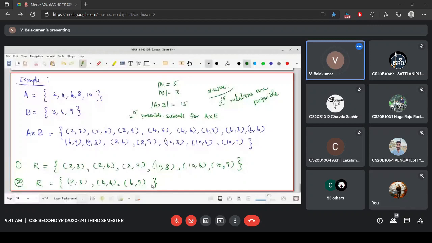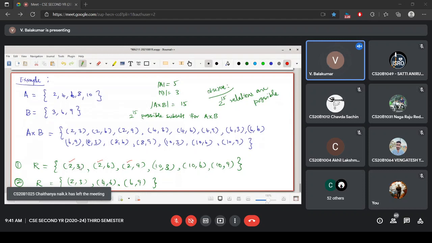You see, I said it is an association kind of thing. What you do with the relation is you are associating these elements to one of the elements in B. You are taking 4 and associating it to one of these elements in B. Look at this first example: 2 is related to 3, again 2 is related to 6, again 2 is related to 9.